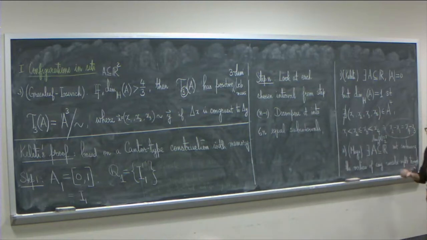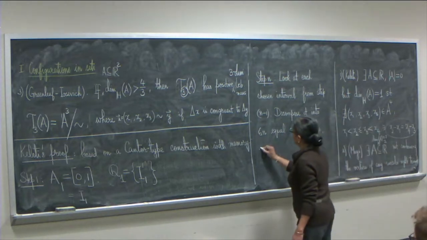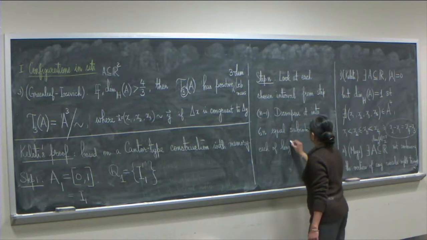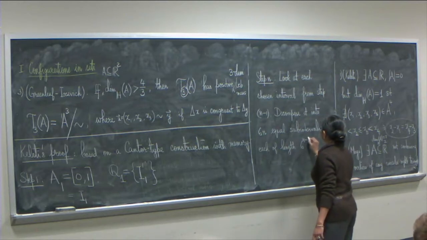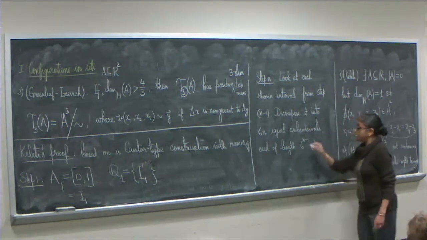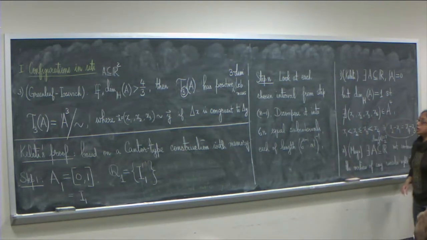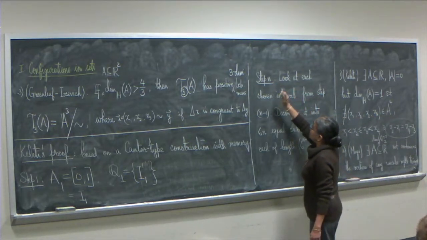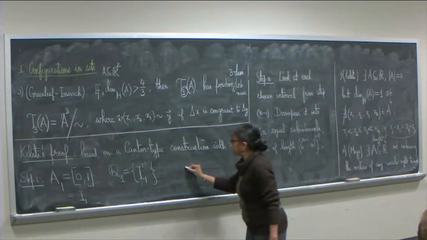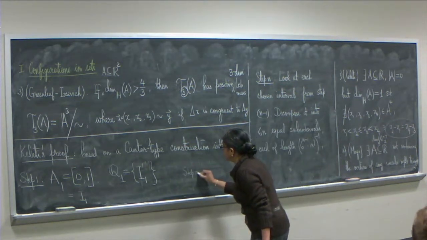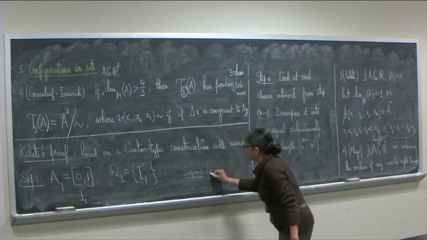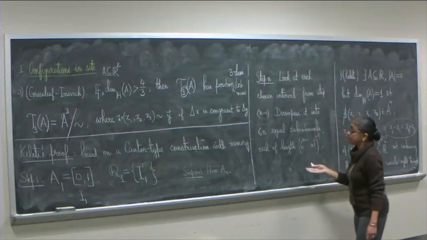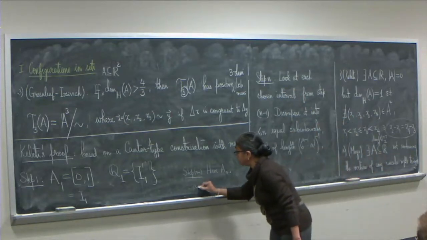I'll show you step 2 in a moment. Each one will be of length 1 over 6^n times the length of the previous interval. Now at step n, what we have is, at step n minus 1, a set A_{n-1}, which has lots of intervals that we decompose. But we also have a Q.